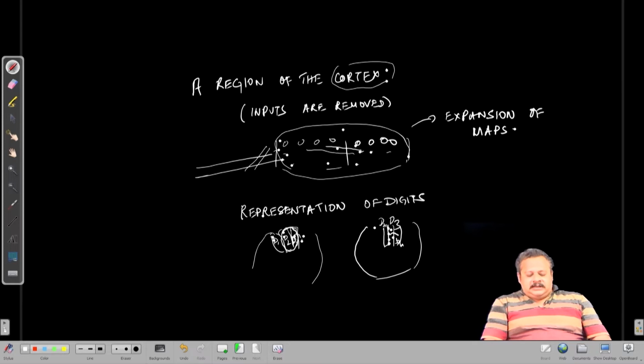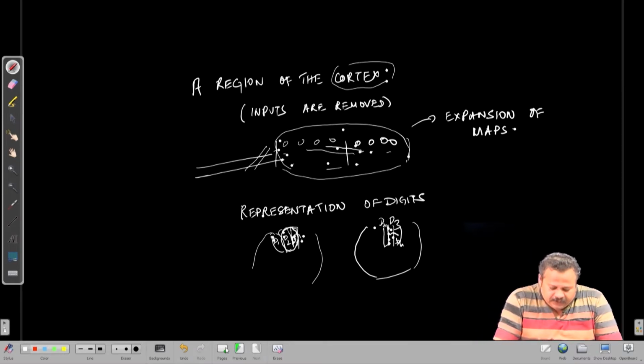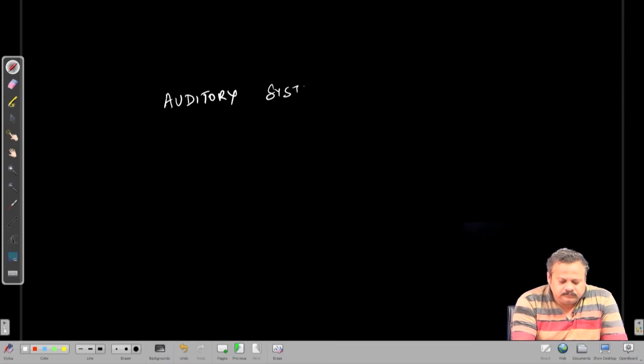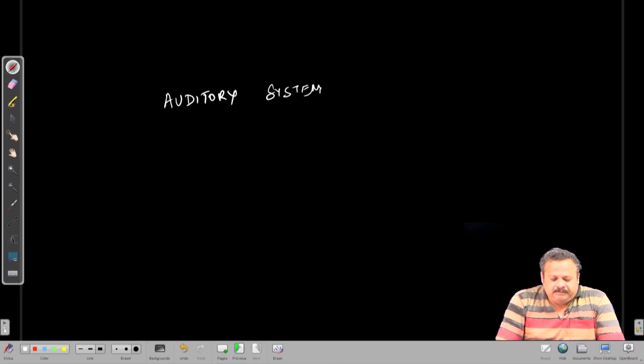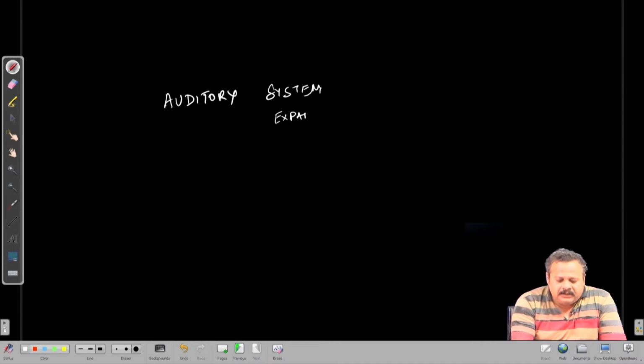So, similar work has been done in the auditory system, which is basically an expansion of a particular frequency, and this happens in a particular period of development called the critical period.